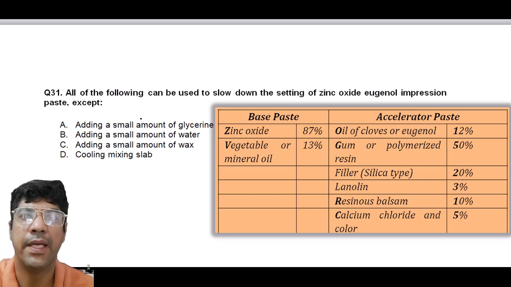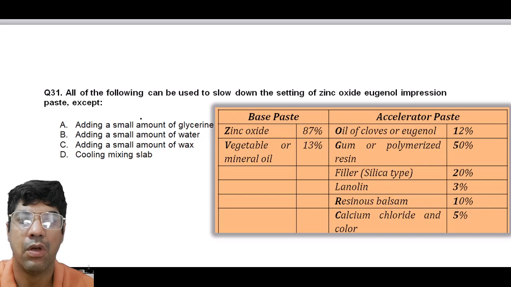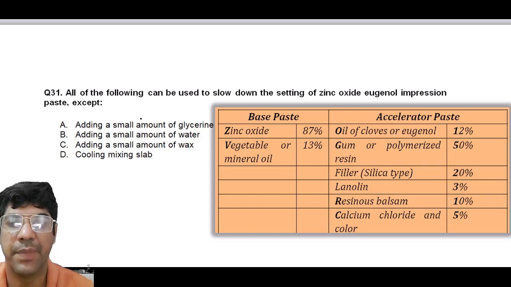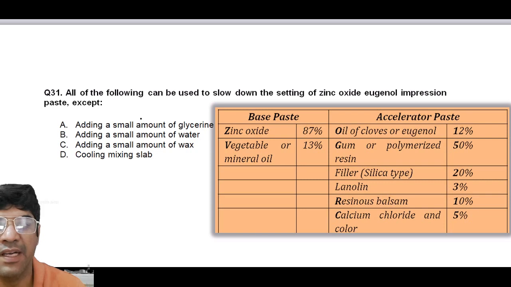All of the following can be used to slow down the setting of zinc oxide eugenol impression paste, except adding a small amount of glycerin.